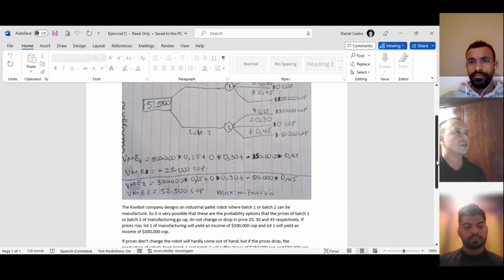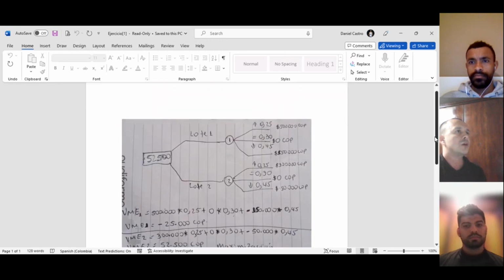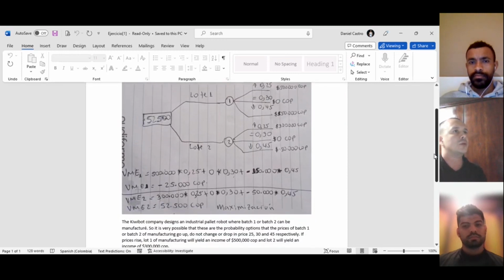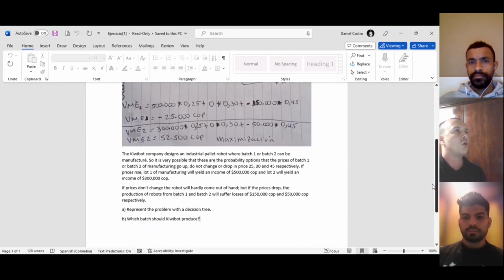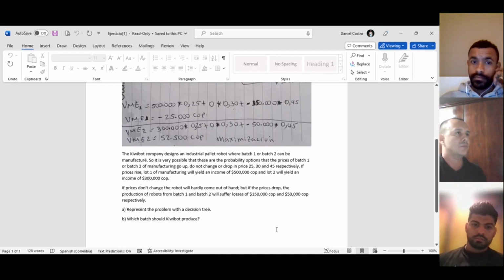In this case, for EMV1: 500,000 times 0.25 plus 0 times 0.30 plus minus 150,000 times 0.45. This is equal to negative 25,000. EMV2: 300,000 times 0.25 plus 0 times 0.30 plus minus 50,000 times 0.45.